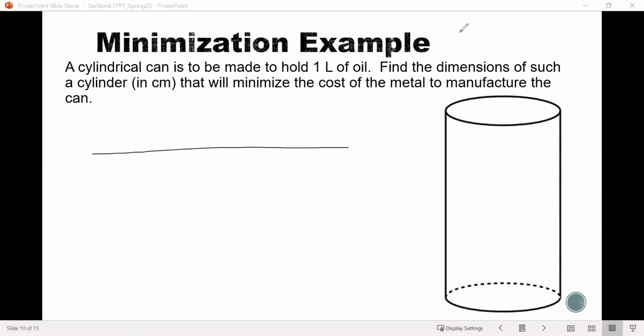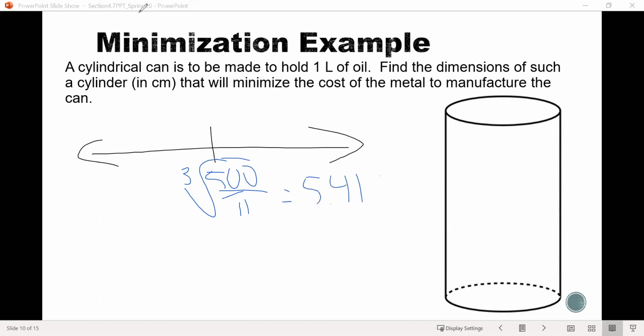So what I would do in this case, since we can't really do what we did before and plug in the endpoints because we don't really have an endpoint besides 0 here, is set up a number line, put the cubed root of 500 over pi here, which is about 5.419.